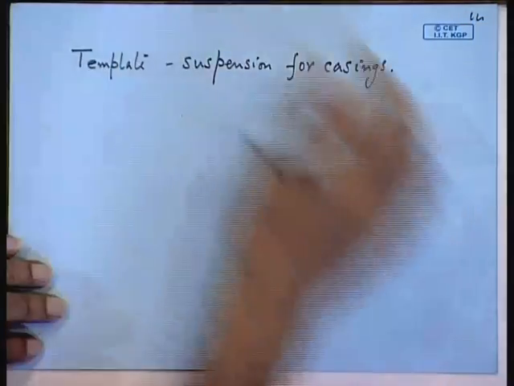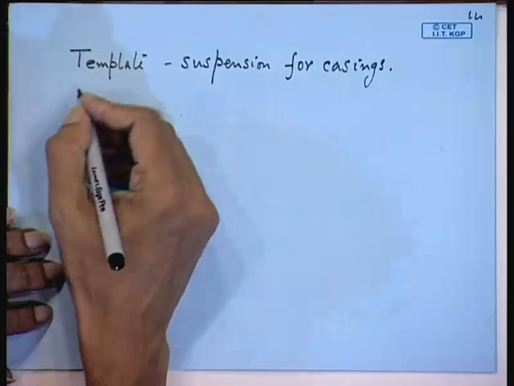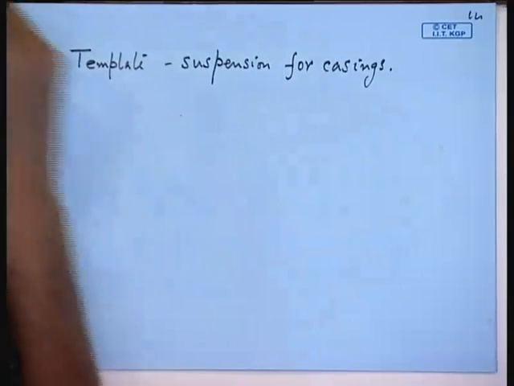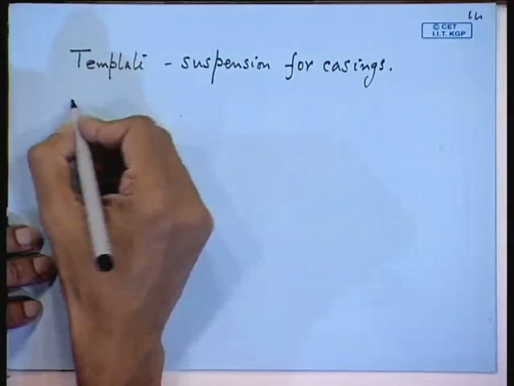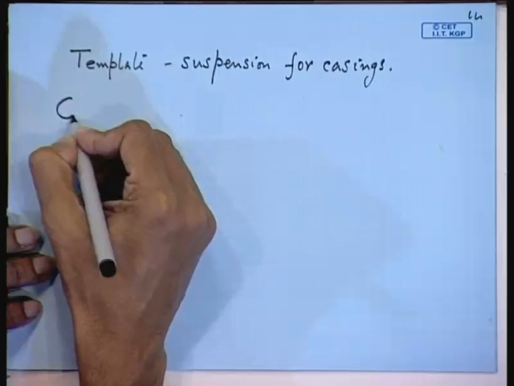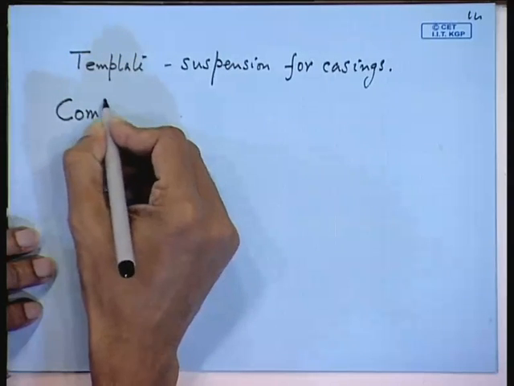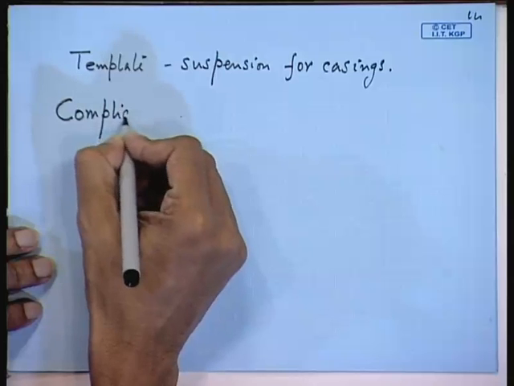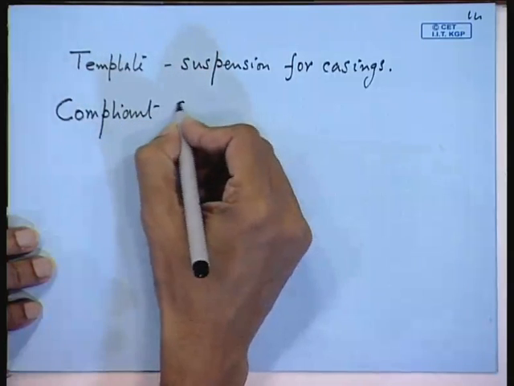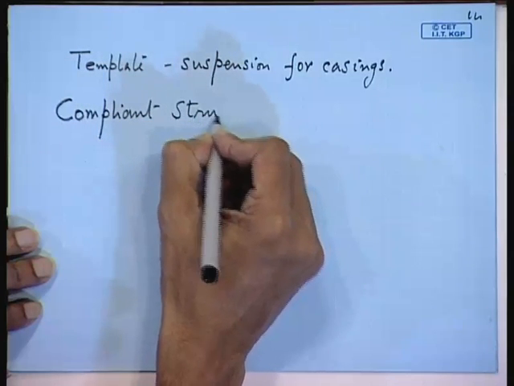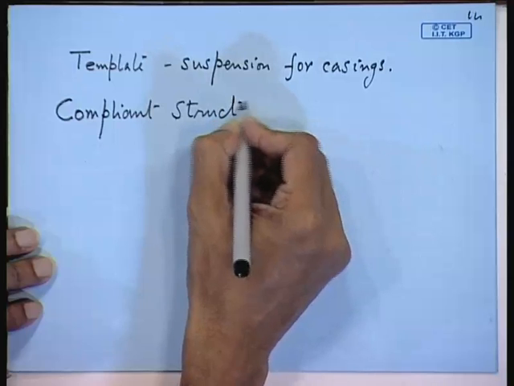Now, here the guide tower and the articulated flare, these are called compliant structures and also TLP. Compliant category. So, these are also floating structures.